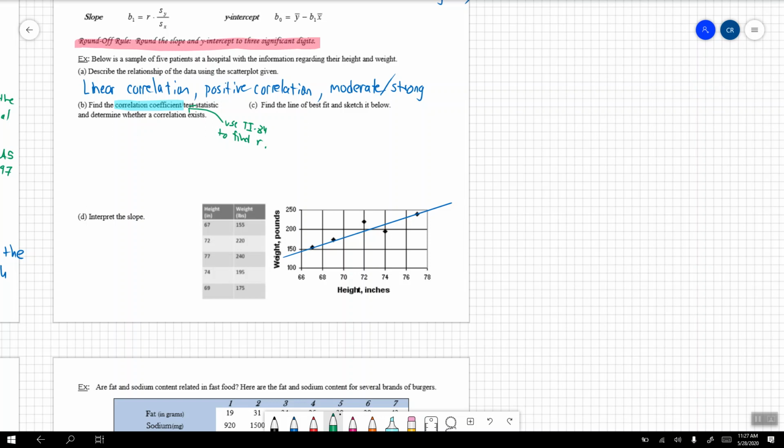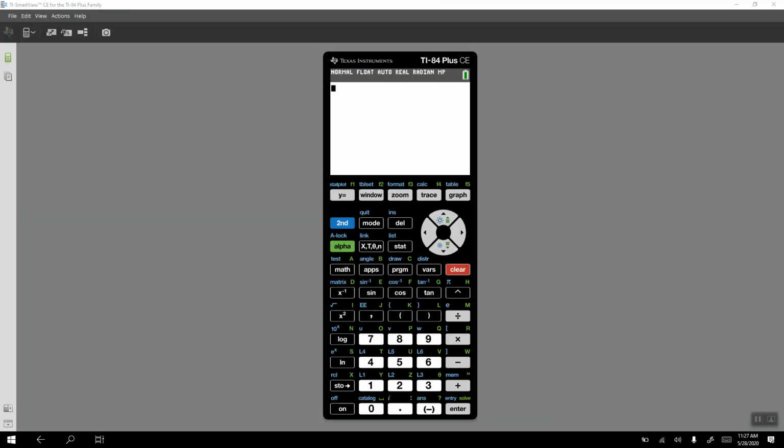So what I need to do at this time is go to my TI-84 and start inputting these values into 2 different lists. That way I can find that correlation coefficient. So take out your calculators and I'll take mine out and then we'll take it from there. All right, here's my TI. Now again, I want to edit the list. So I'm going to just click Stat.